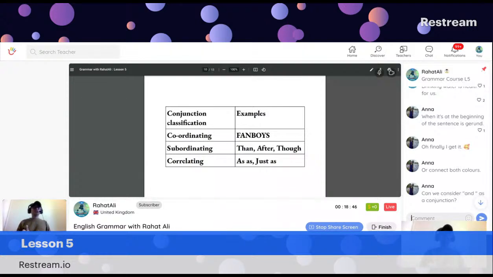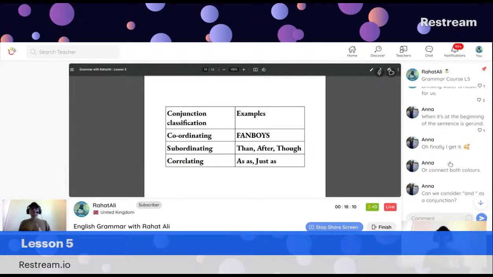So subordinating conjunctions are those words which are like comparing, like, oh, my book is better than yours, his car is more expensive than your car. If I give an example, like Anna is more beautiful than Joanna, for example, you see. So these are some examples of subordinating. So this is kind of subordination with the sentence or a noun or a subject or phrase.